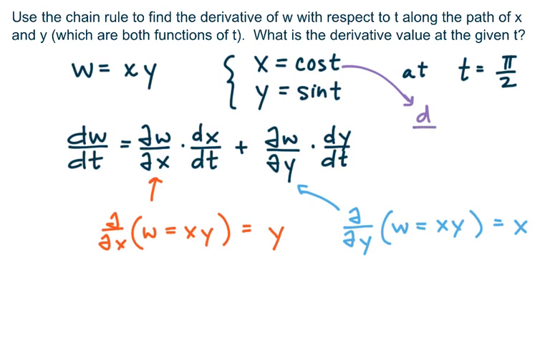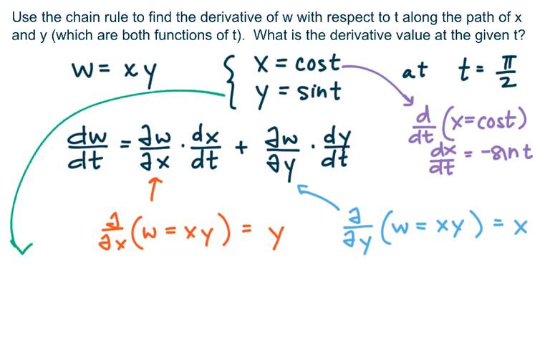Derivative with respect to t of x, which equals cosine t. dx dt, the derivative of cosine, is negative sine of t. And lastly, I'm running out of space, I'll cram this in over here.